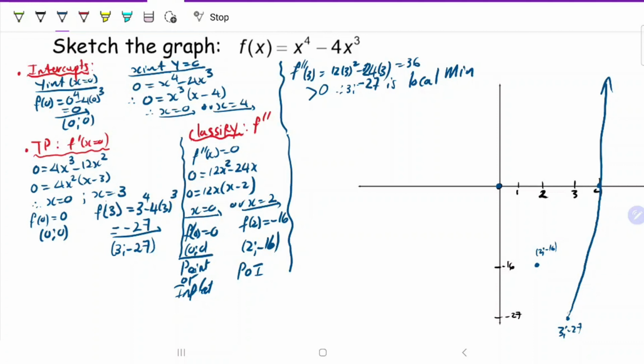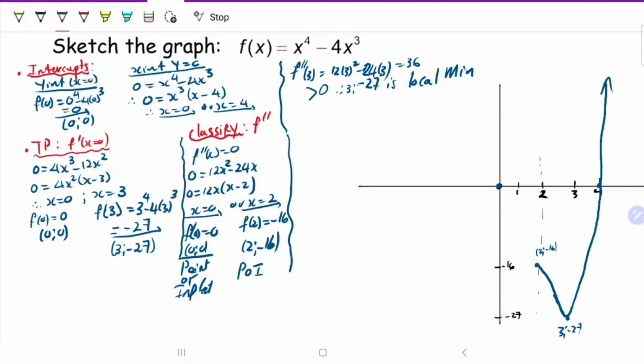So our function will go that way. And because this is a turning point, and it was heading in that positive direction, it means that between 3 and 2, our function is increasing there. From this particular turning point, we can go up to this point. This will be a point of inflection.